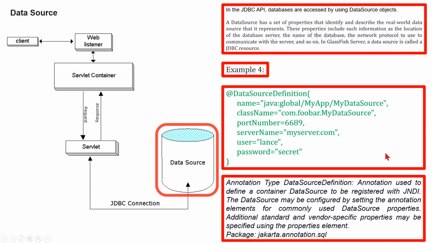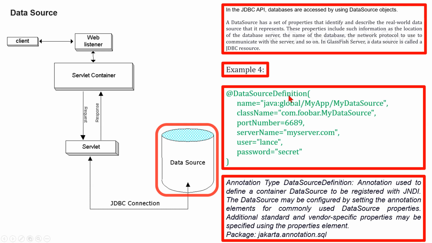As an example 4, we can consider this code segment, the annotation type DataSourceDefinition. The annotation is used to define a container data source to be registered with JNDI. The data source may be configured by setting the annotation elements for commonly used data source properties.